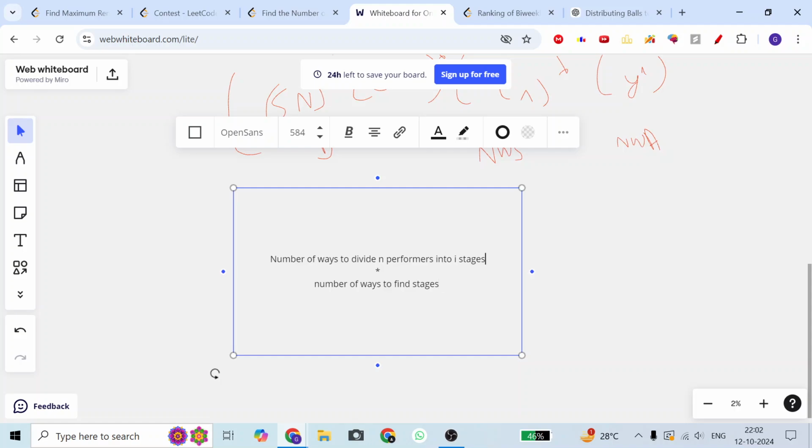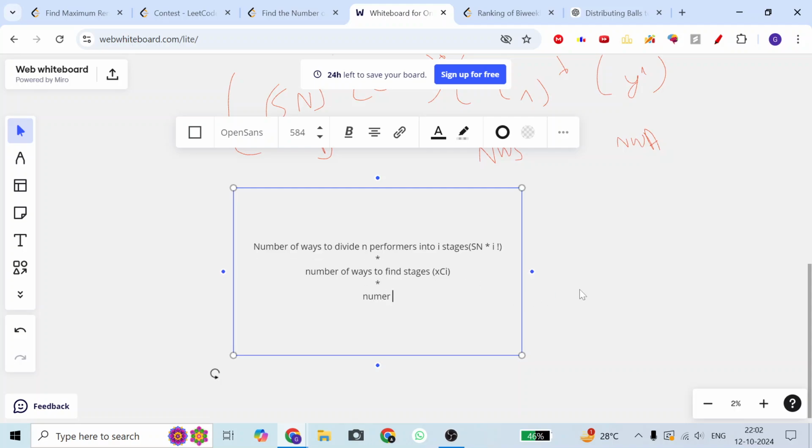This is nothing but the Stirling number into i factorial. Why i factorial? Because I have i stages, n performers to i stages, so i is the number of stages to which I need to give. So i factorial. This is nothing but x C i, basic permutation combination.